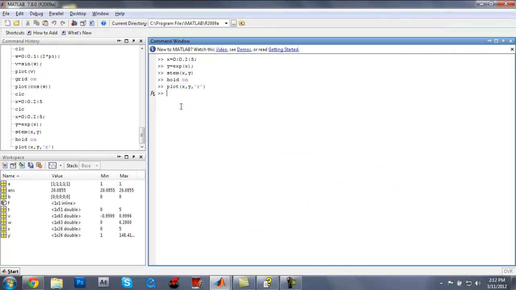So we can also use bar here. Hold on, for bar we'll be giving just the value y, bar of y, comma what color, y, I think.